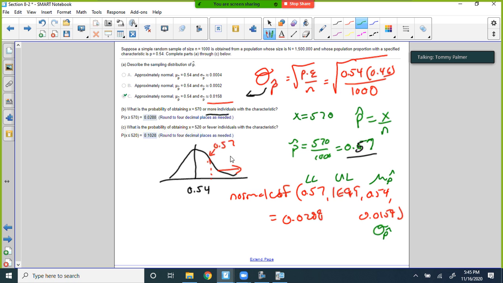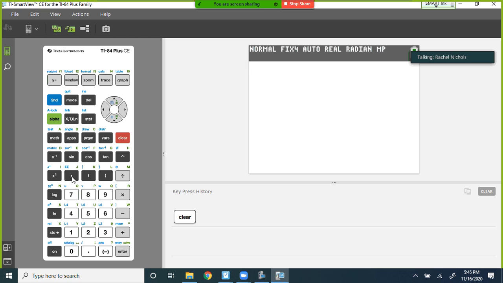Then my lower limit right here would be 0.57. What's the biggest number up here? Well, that's infinity. So how do I put infinity? 1E99, right? And how do I get an E? That is the little button above what? Right here. Second comma, right? Second comma. Okay. Thank you. You're welcome.